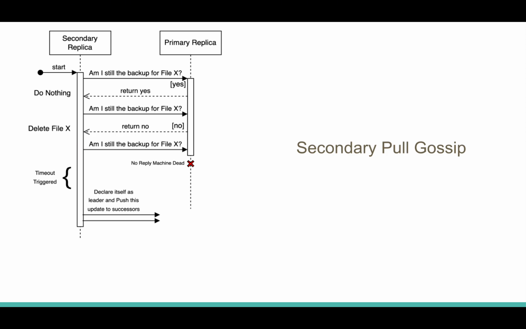Or there's a third condition where the secondary replica does not receive a response from the primary replica in a given timeout because the primary replica was dead. In this case, the secondary replica declares itself as a leader and pushes this update to its successors.